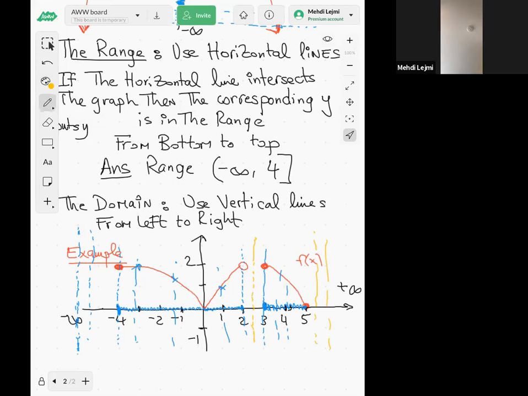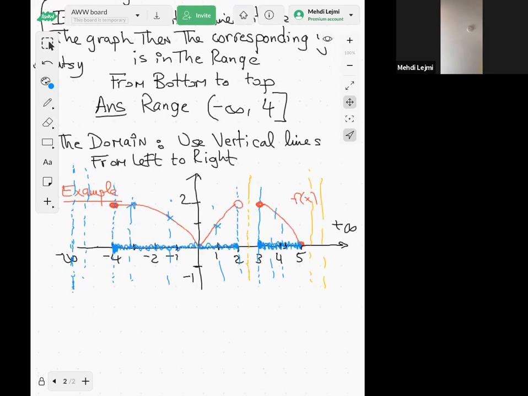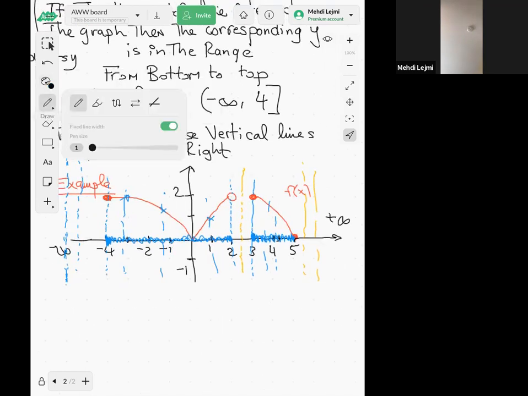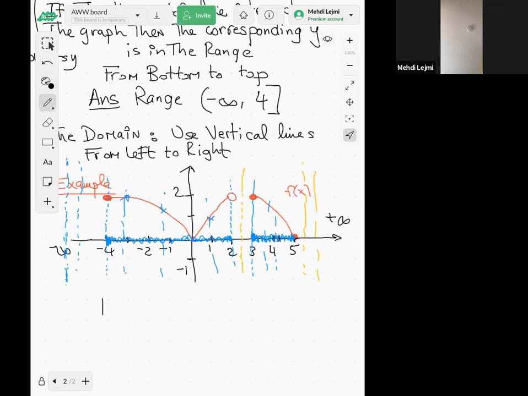So you see, your domain would be from -4 all the way to +2, and then from 3 to 5. All right, so this domain here would be, -4 is included because they have this full dot.